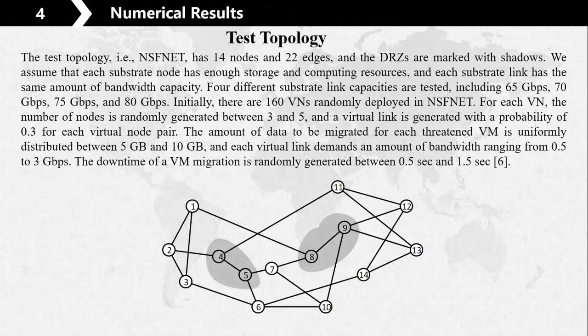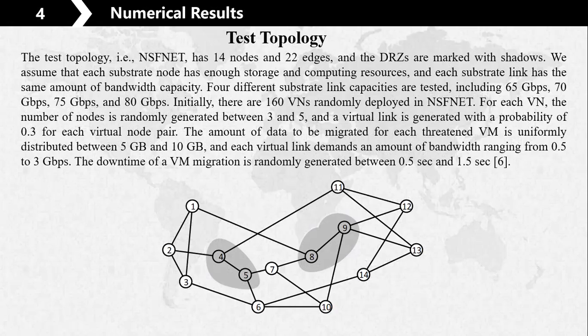Then coming to the test topology, we have utilized NSFNet, and this has 14 nodes and 22 edges, and the DRGs are marked with shadows. Then we assume that each substrate node has enough storage and computing resources, and each substrate link has certain amount of bandwidth capacity, and the link capacities are 65 Gbps, 70, 75 and 80 Gbps.